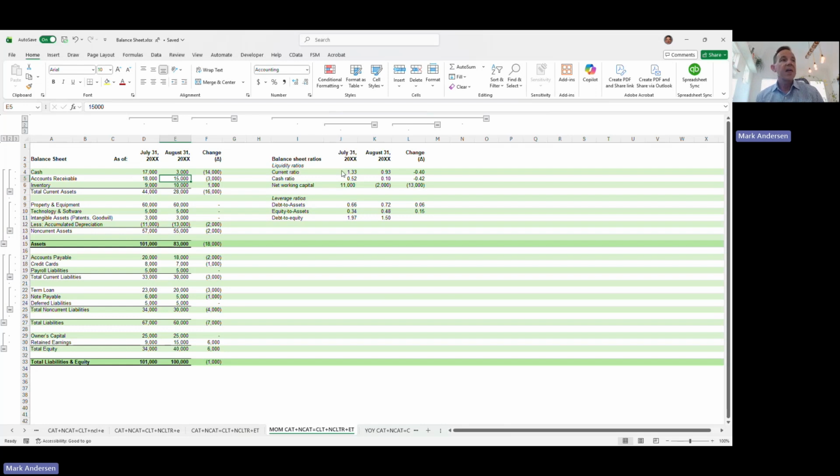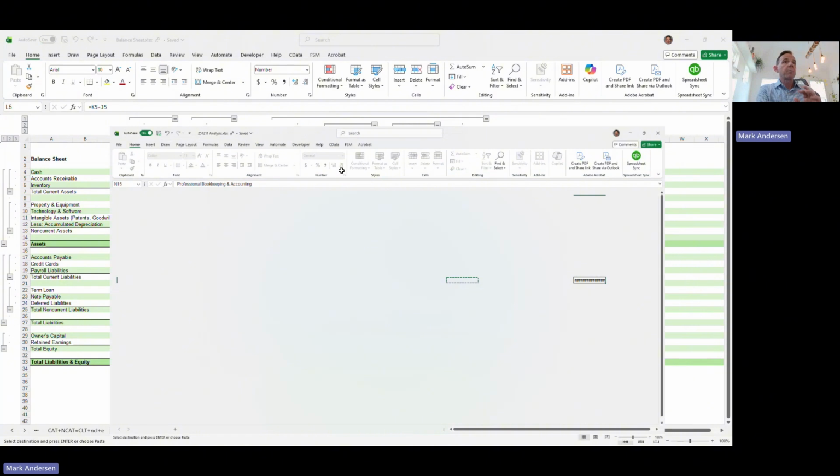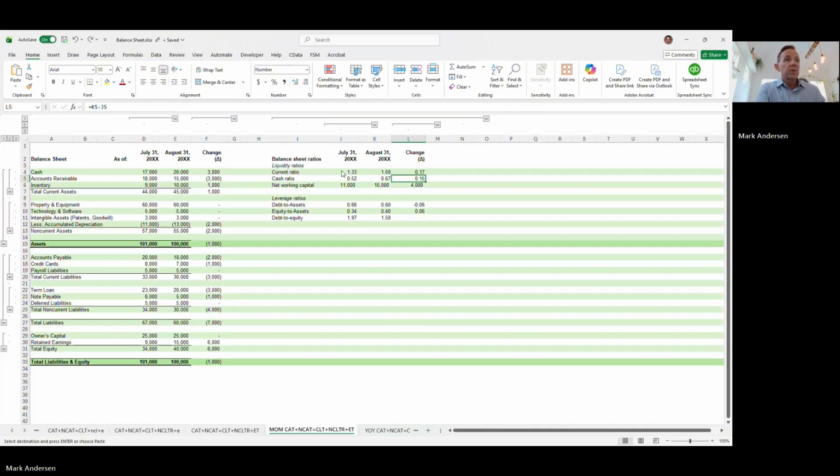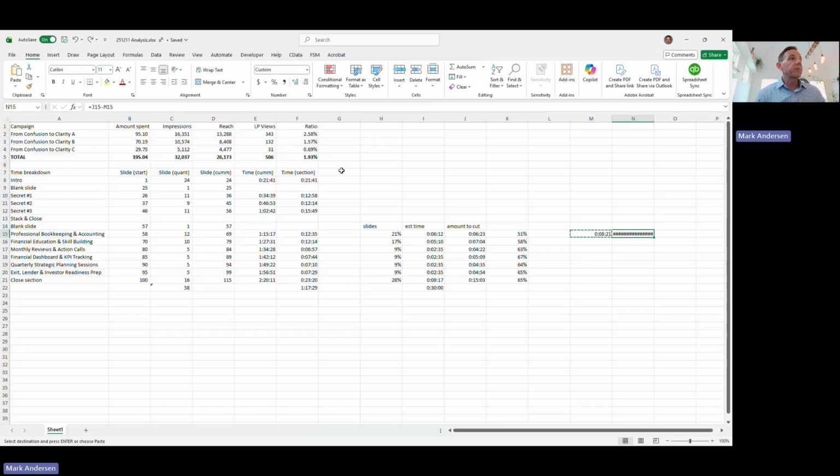It's 0.1. That means you've got to really tighten the belt. You don't have much flexibility to go out and buy anything. But with $20,000, that changes the picture a little bit. So all of these are on their way up, so that's good.